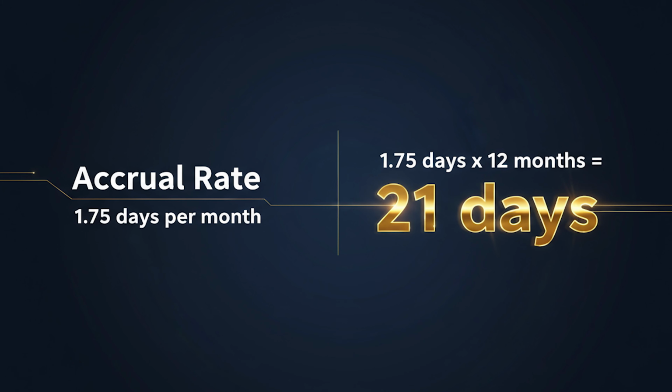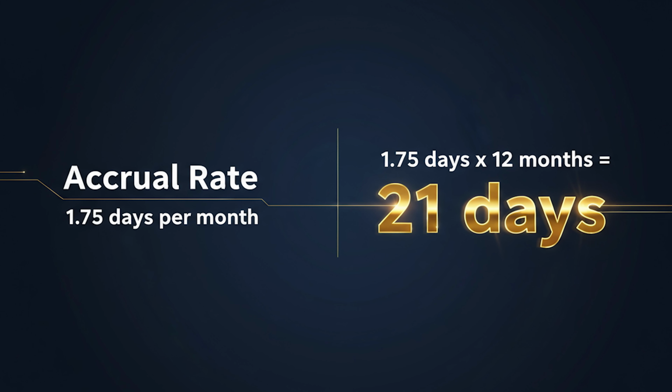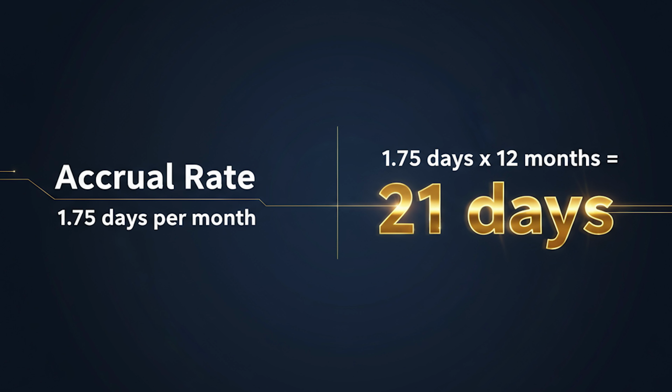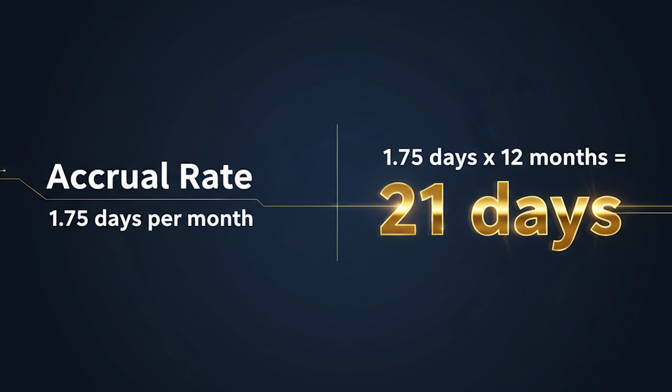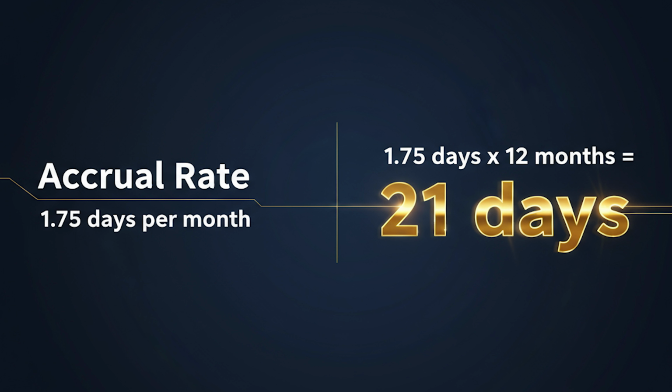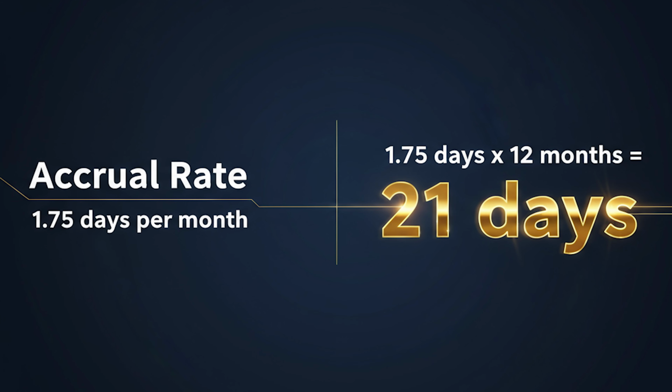In regards to calculation of annual leave days, the law provides that the same is calculated as 1.75 days per month. If you were to do the math of 1.75 times 12 months, which is what amounts to a year, you will find that the same amounts to 21 days.